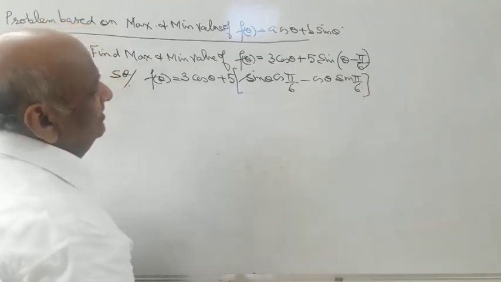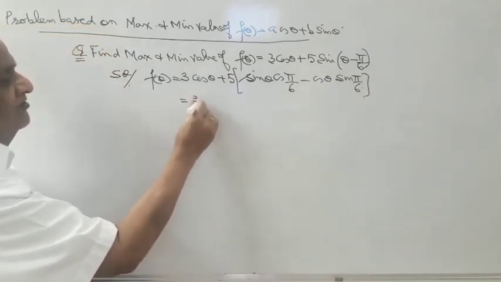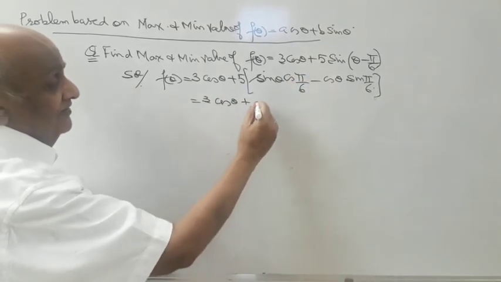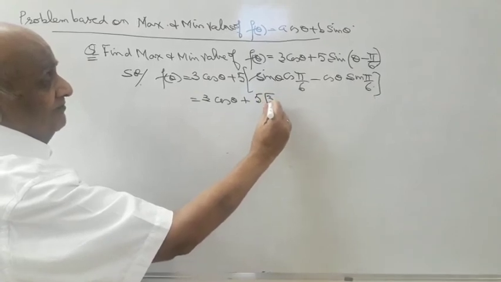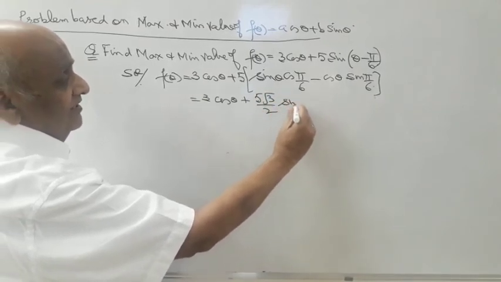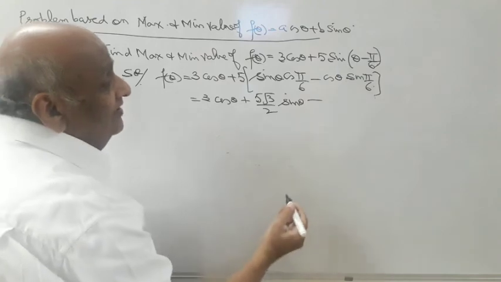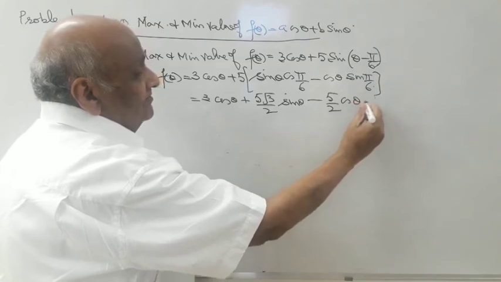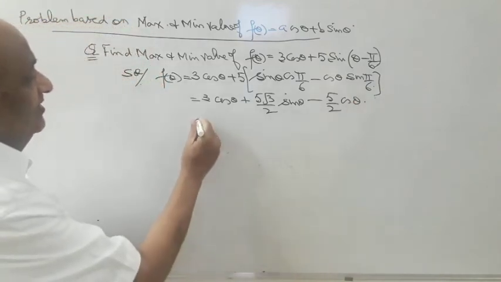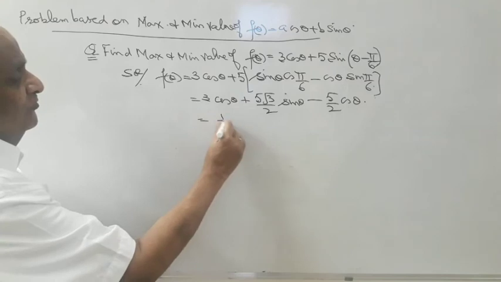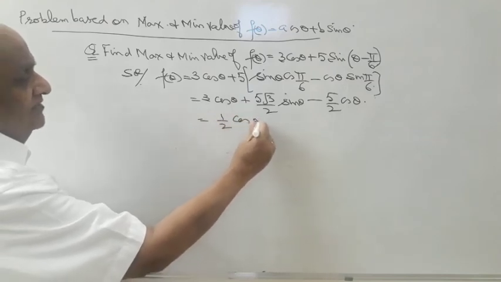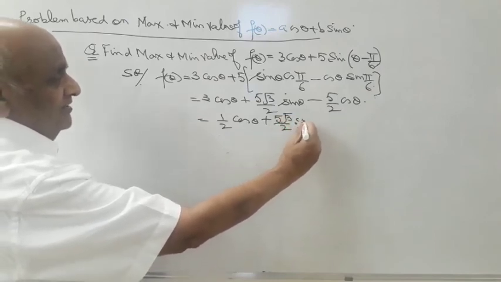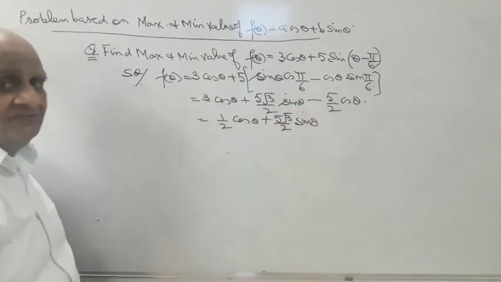Apply A minus B. It becomes 3 cos theta plus 5 under root of 3 by 2 sin theta minus, sin 30 is half, 5 by 2 cos theta. So this becomes 1 by 2 cos theta plus 5 under root of 3 by 2 sin theta. This is f theta.